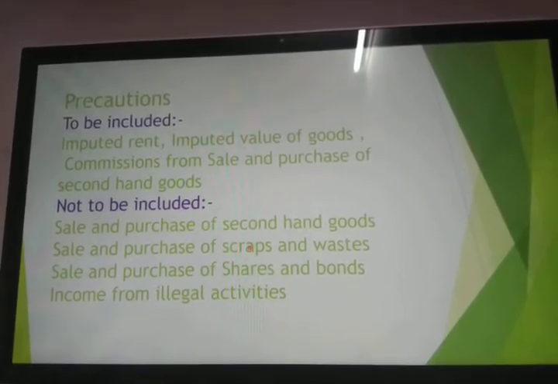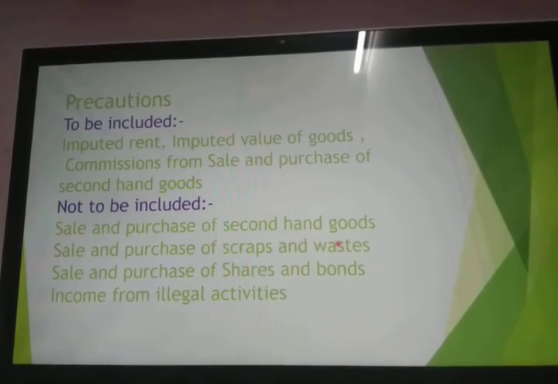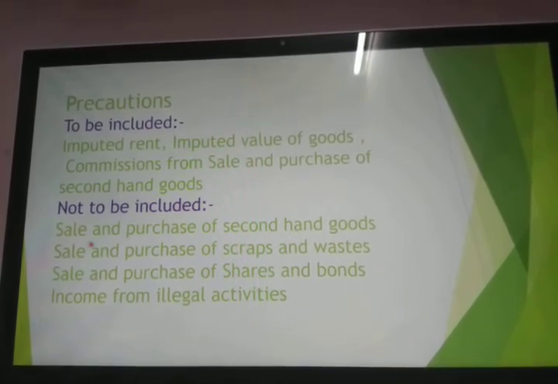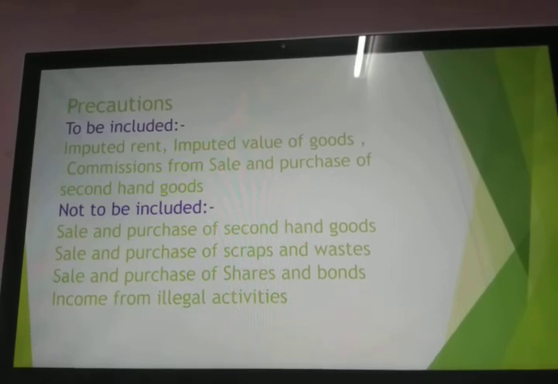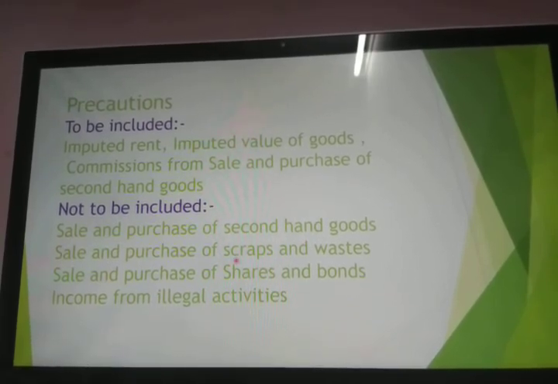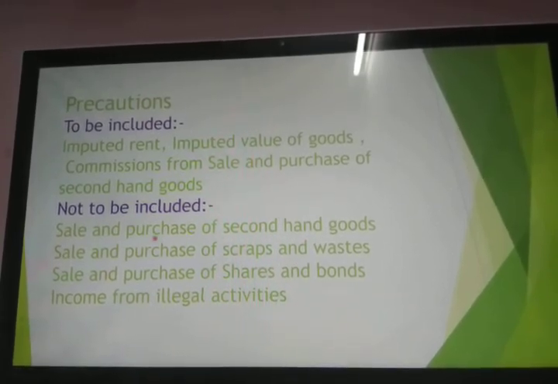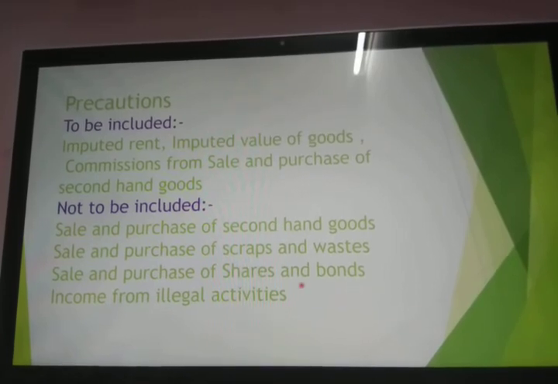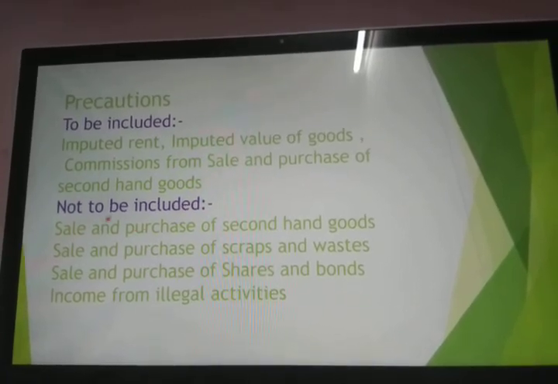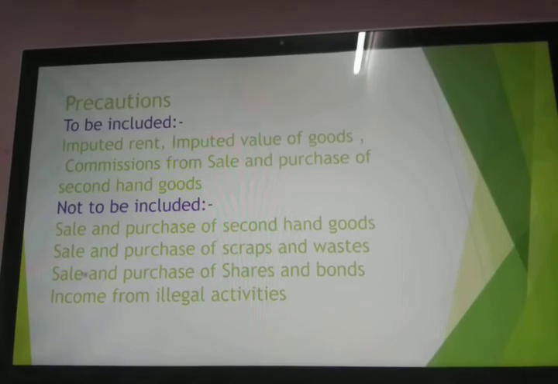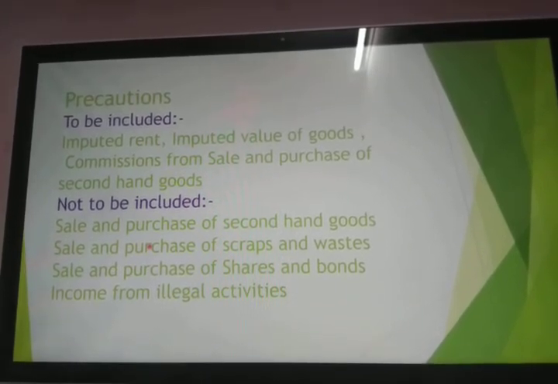Sale and purchase of second-hand goods need not be included, as I've already told you. Income from sale and purchase of second-hand goods, scraps and waste, and shares, debentures or bonds will not be included. Why? Because it has already been included in the year in which they were produced.